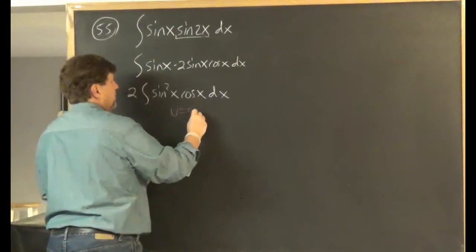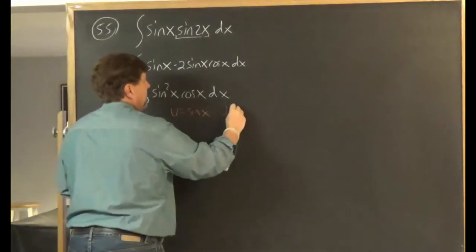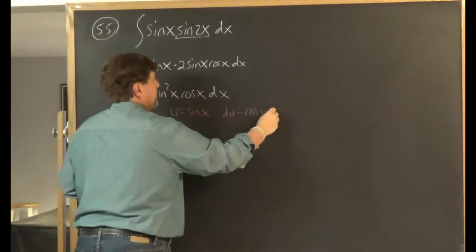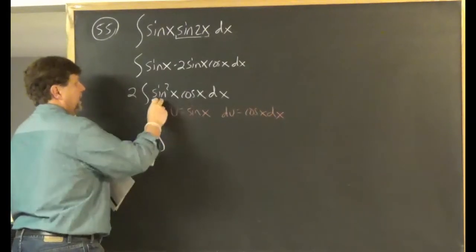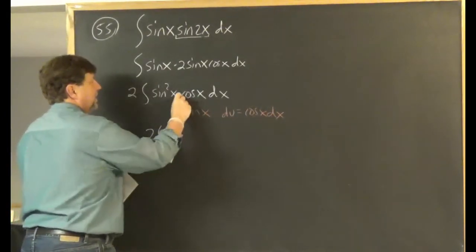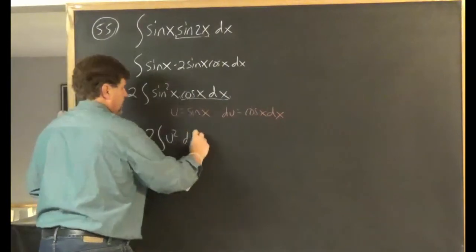So u is equal to sine x, du is cosine x dx. When I substitute in, I have a u squared, and that's du.